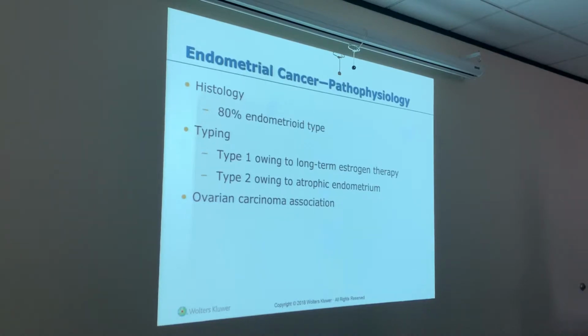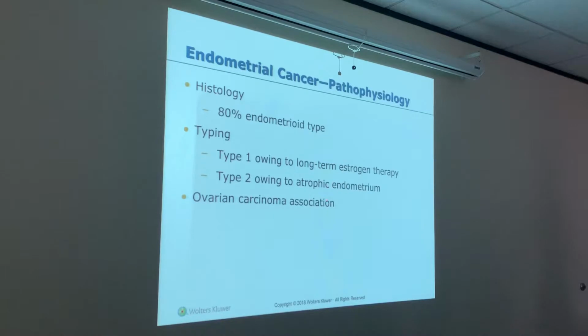Say I had a hysterectomy in my 20s, I'm on hormone replacement therapy, which we call HRT, I turn 60 and I've got endometrial cancer. Well, if I had a hysterectomy, I wouldn't have an endometrium. Okay?